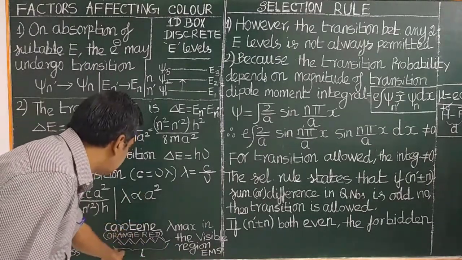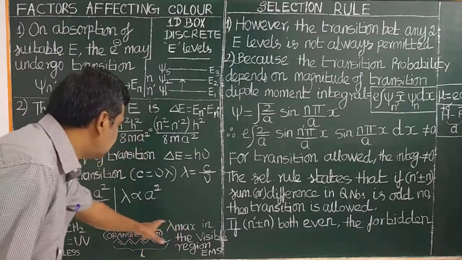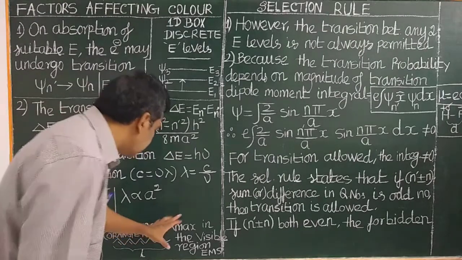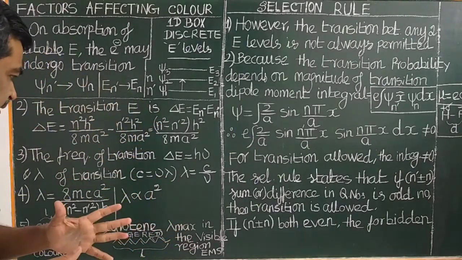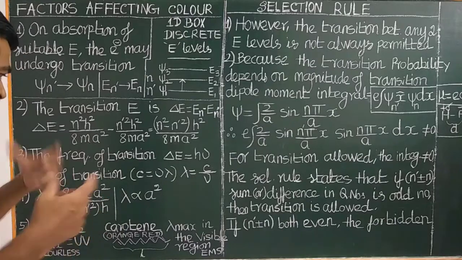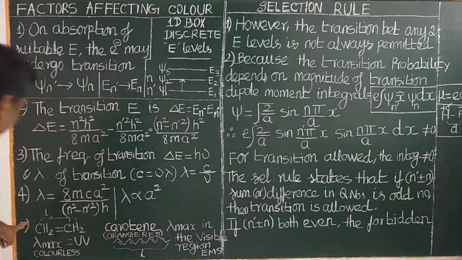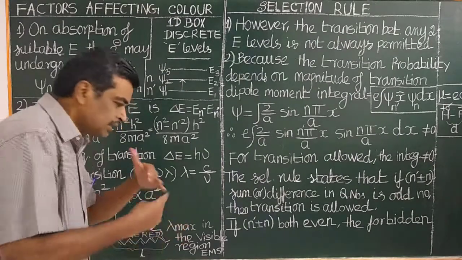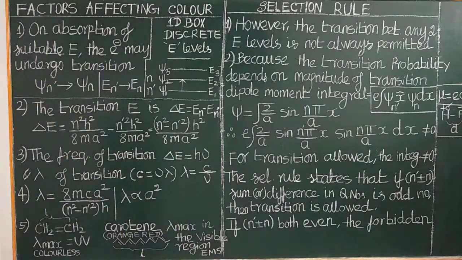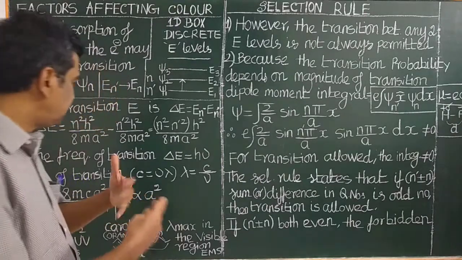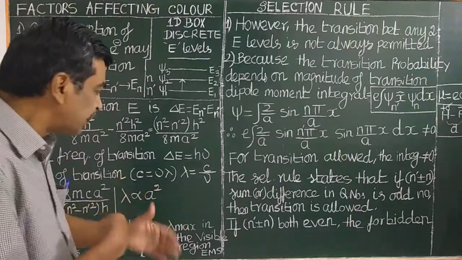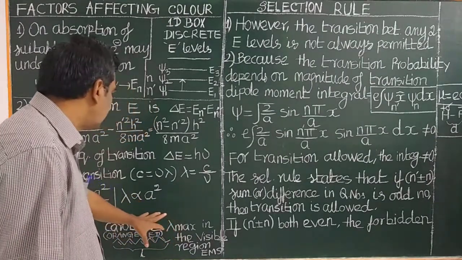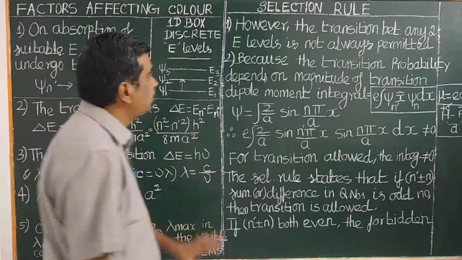As the length of the box increases, the lambda max increases. Carotene is orange-red color, orange color, present in carrot. So this is colorless because it absorbs UV light, and as conjugation increases, as length of the box increases, it undergoes red shift. Therefore, the carotene molecule absorbs light in the visible region.